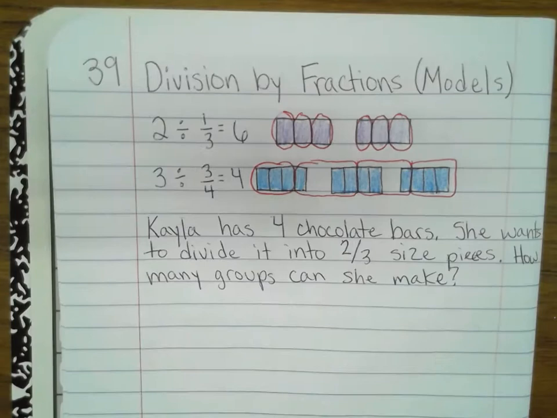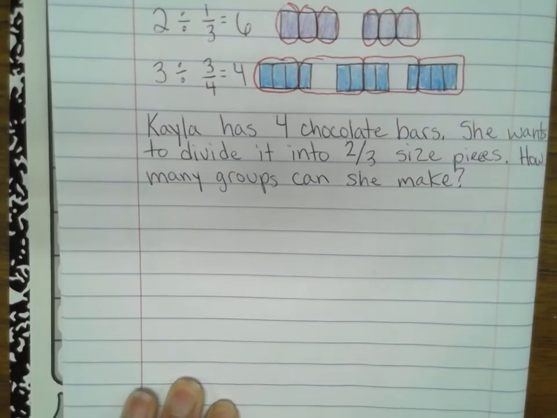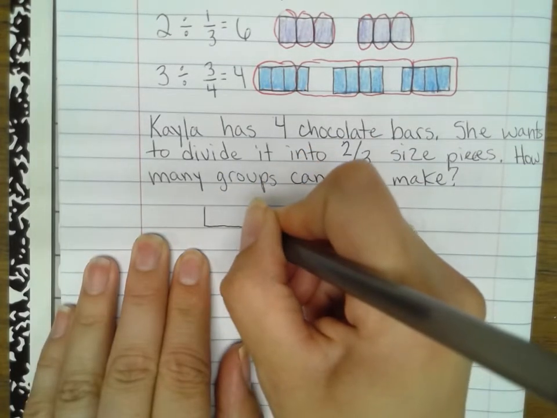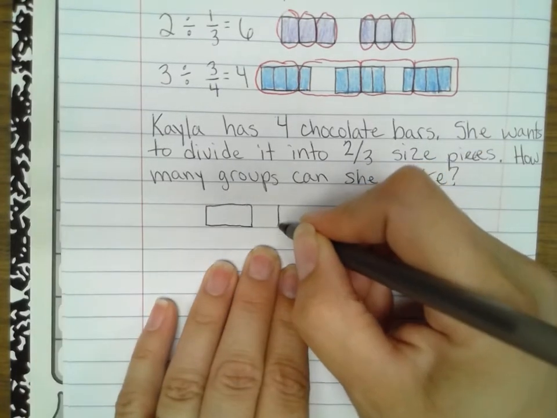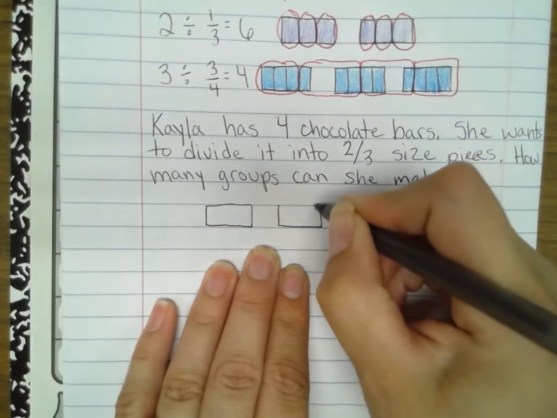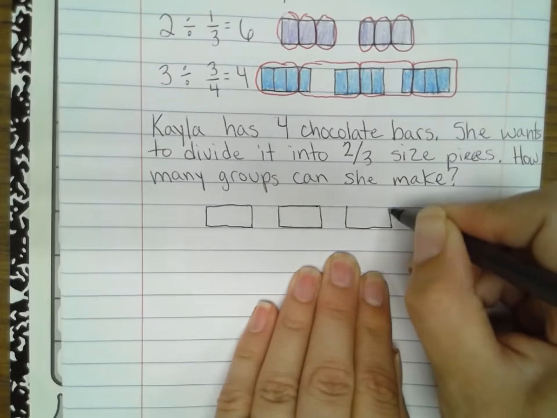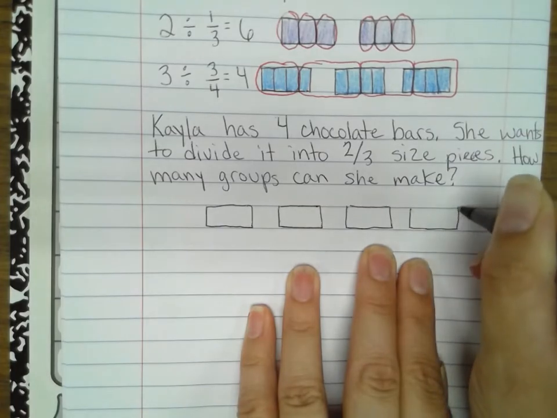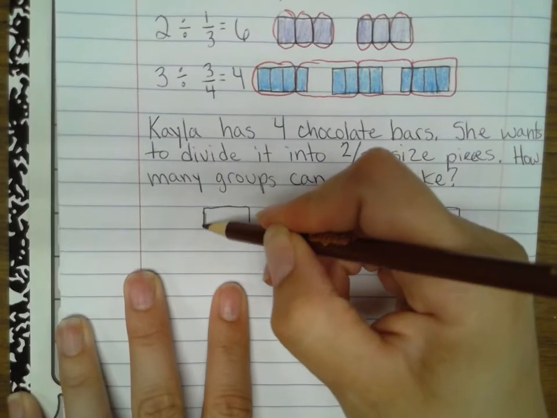All right, let's draw our 4 chocolate bars here. So by modeling it, I have 1 chocolate bar, 2, 3, and 4. Look at this, I can even make them chocolate.